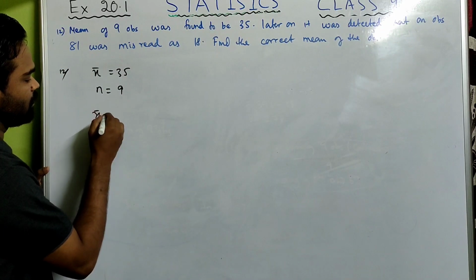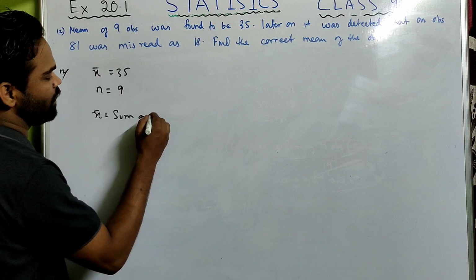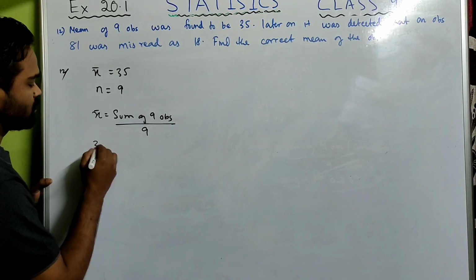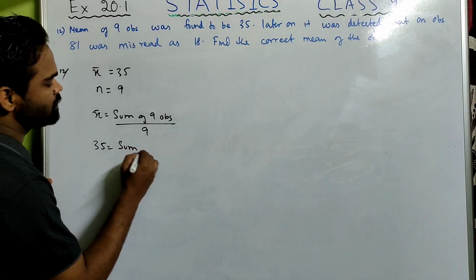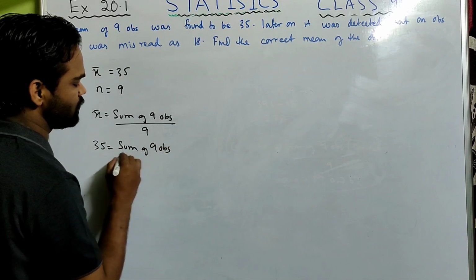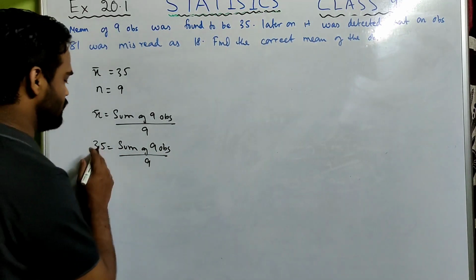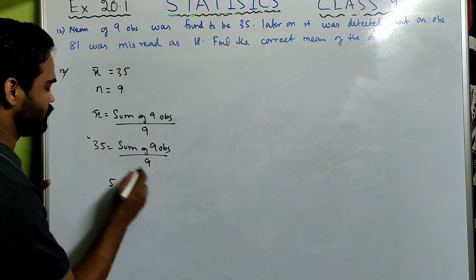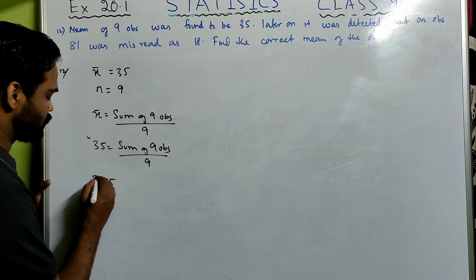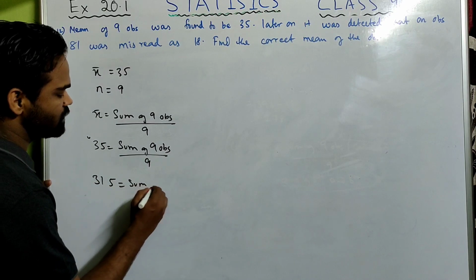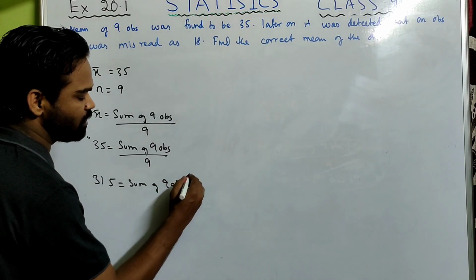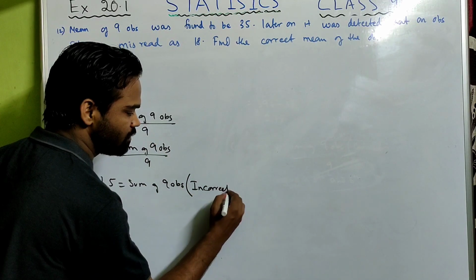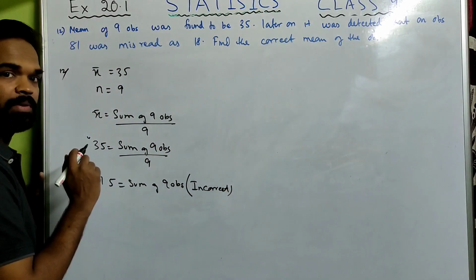Over here, mean equals sum of 9 observations by 9. The mean is 35. You multiply 9 by 35: 9 5s are 45, 9 3s are 27, 28, 29, 30, 315 equals sum of 9 observations. Now if I'm not wrong, this is incorrect, isn't it? Because this was an incorrect mean.